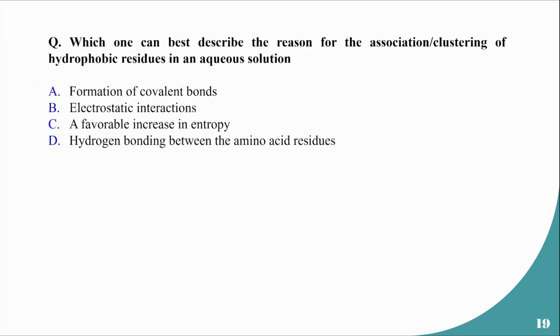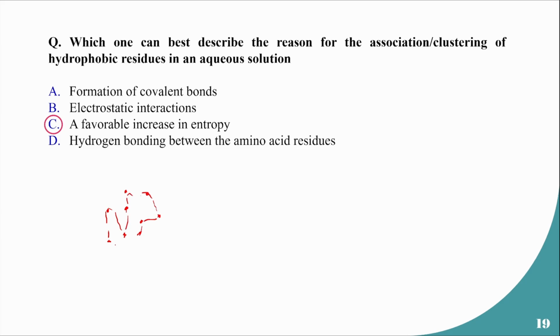So here we just discussed this question. For the clustering of hydrophobic amino acids, that was driven by entropy in a solvated system, right? This was happening because of the solvation layer that is present around the individual amino acids.